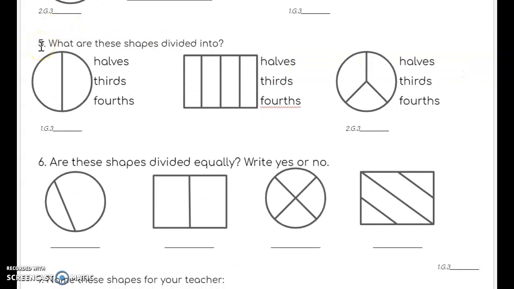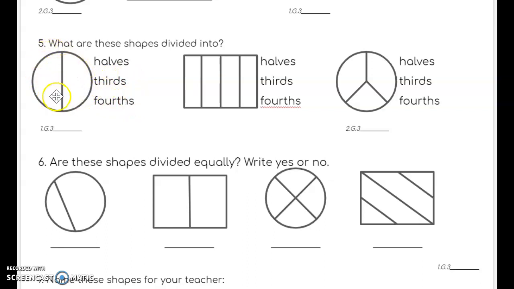Okay, down to number 5. What are these shapes divided into? So you have a circle, a rectangle, and another circle. Let's look at this first circle. This circle is divided into what? Halves, thirds, or fourths. Let's look at those words again.